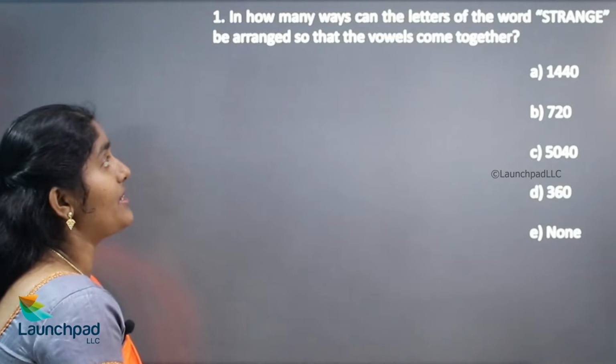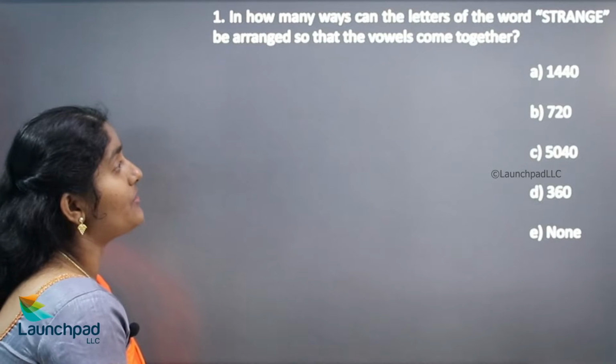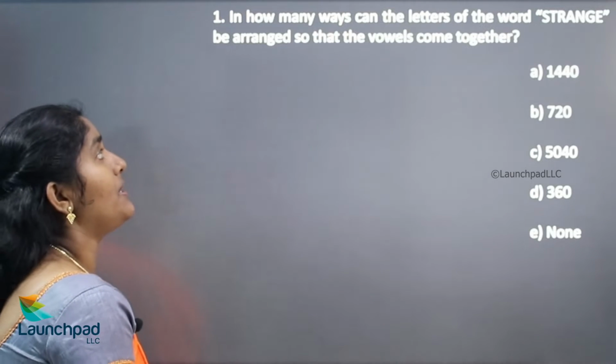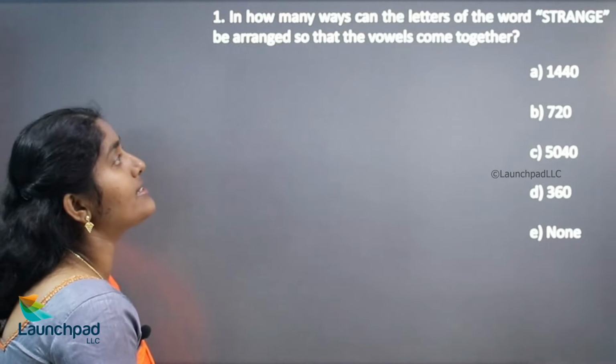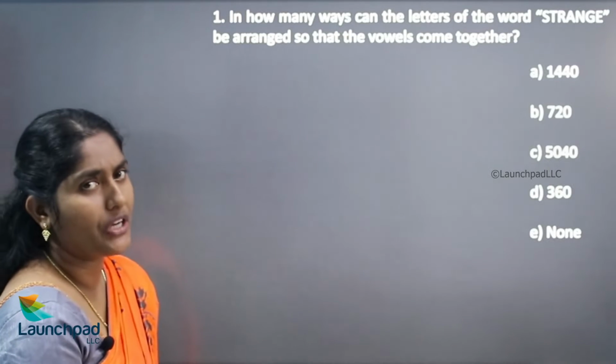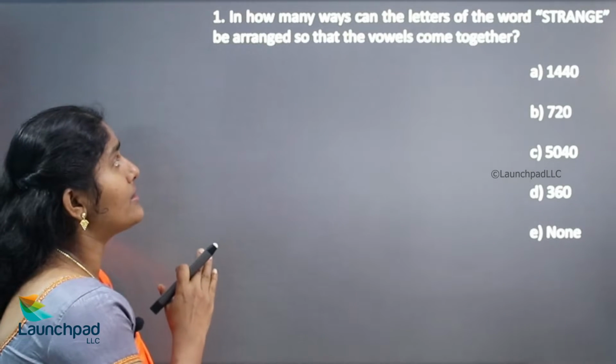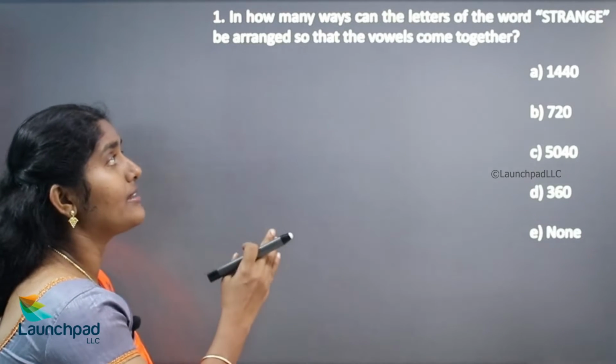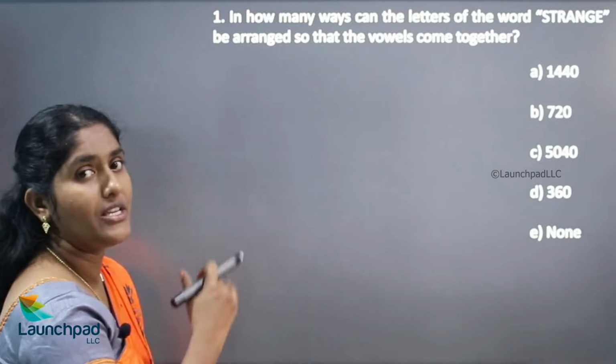In how many ways can the letters of the word STRANGE be arranged so that the vowels come together? In your question, the first sentence is, in how many ways can the letters of the word STRANGE be arranged?